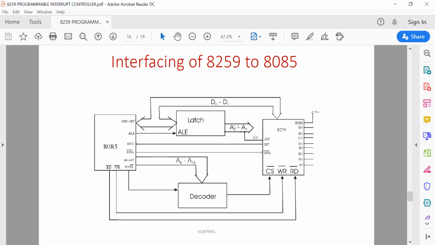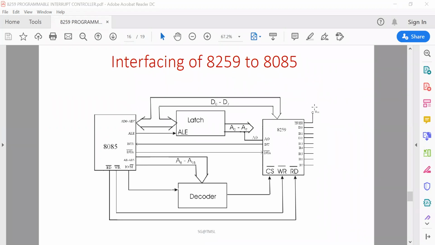The multipurpose SP/EN bar pin, in this case, is connected to the logic high signal, to VCC, because only one 8259 is used in this system. That's why it is not connected to the ground pin.